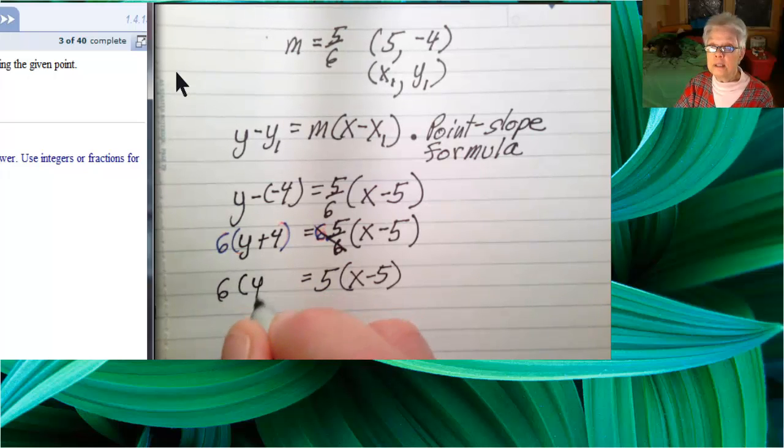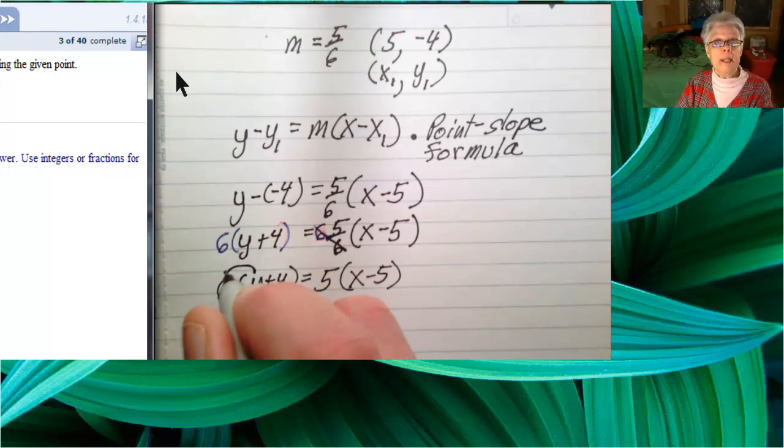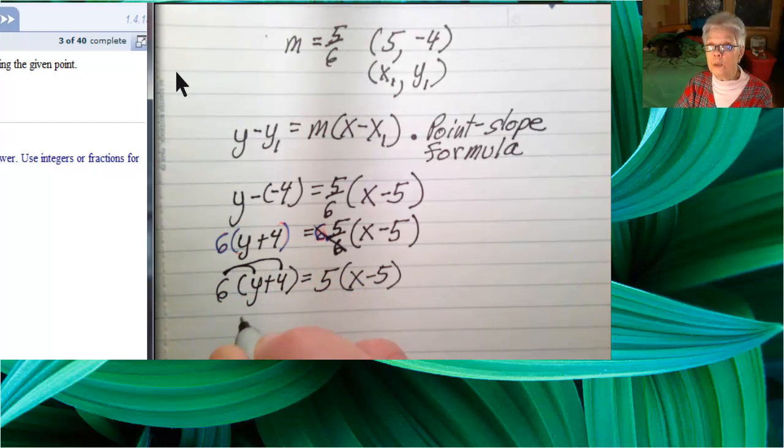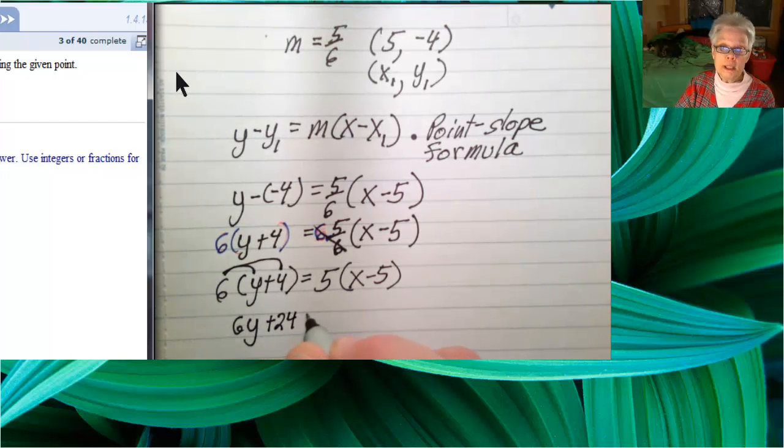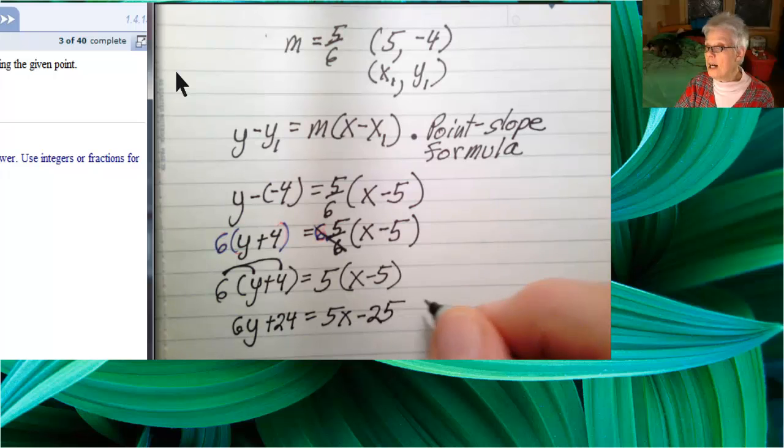On the left, I'll have 6 times y plus 4, and now I will distribute. 6y plus 24 equals 5x minus 25.